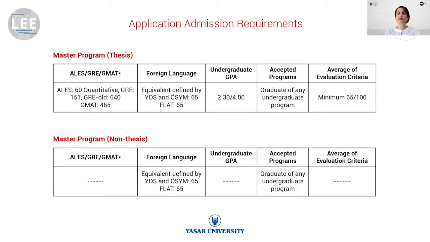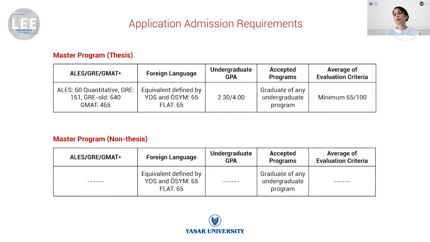And for undergraduate scores, for thesis programs, you need to have received 2.3 out of 4. For the non-thesis program, this is not a requirement. And we accept graduates of any undergraduate programs for both programs.